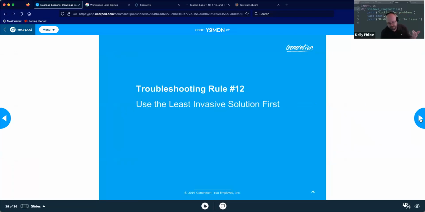Again, fall back to this rule again, use the least invasive solution first. It'd be less invasive for me to grab a keyboard and plug it in than for me to take Billy Joe's laptop and say, hey, I'll return this to you in a week, when the new keyboard parts arrive in IT.